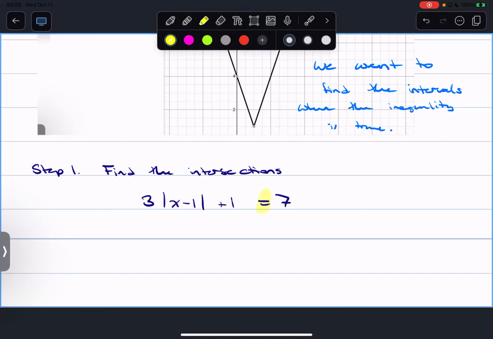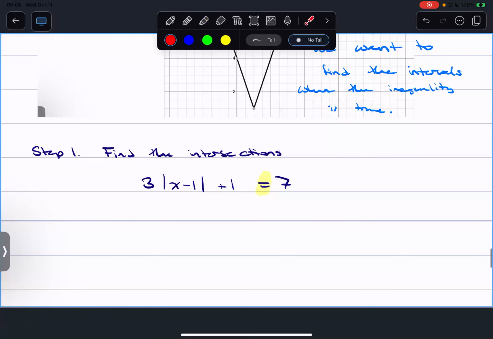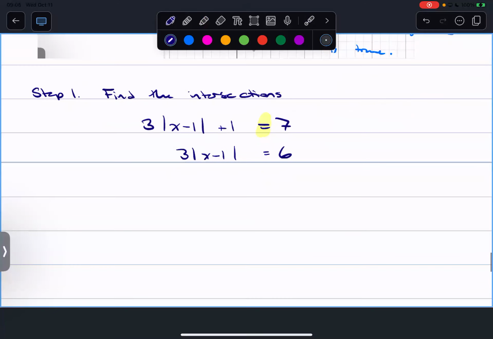I don't want to be dealing with inequalities, so that's a bonus. This we know how to solve. I have to get the absolute value on its own, so I start shifting things over. 3 times the absolute value of x minus 1 is equal to 7 minus 1, which is 6. Then the absolute value of x minus 1, 6 divided by 3, puts me at 2.